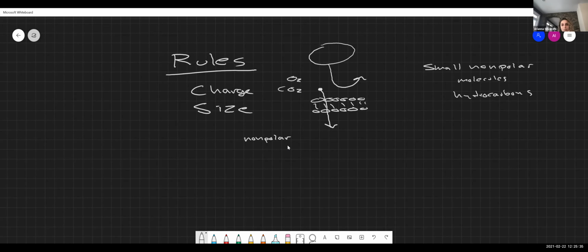Wouldn't it mess up the charge of what's already been established? When you say mess up the charge, of the molecule or the cell? Of the cell. By mess up, what do you mean? If it was already a specific charge and you're adding new things with opposite charges, it's going to change.